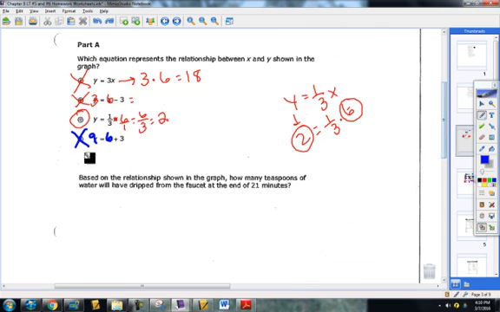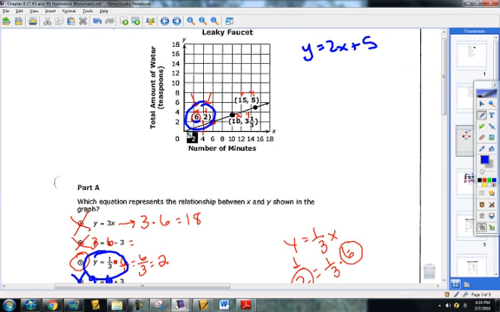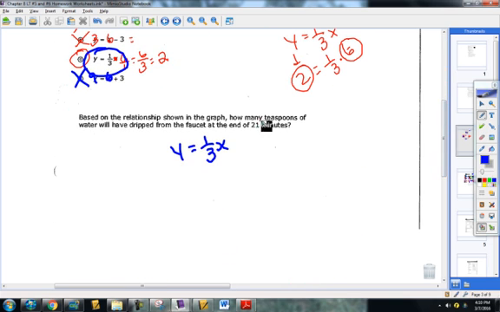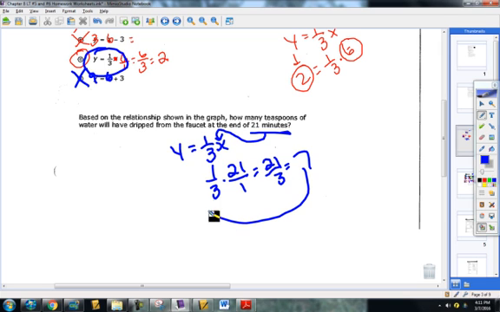But what I'm trying to get you to see is, if you know that this right here is your linear equation, and you know the minutes is your x value, can't you just take 21 and plug it in for x and do 1/3 times 21? Obviously 21 over 1, you end up getting 21 over 3, which would be 7, which means that is your y.